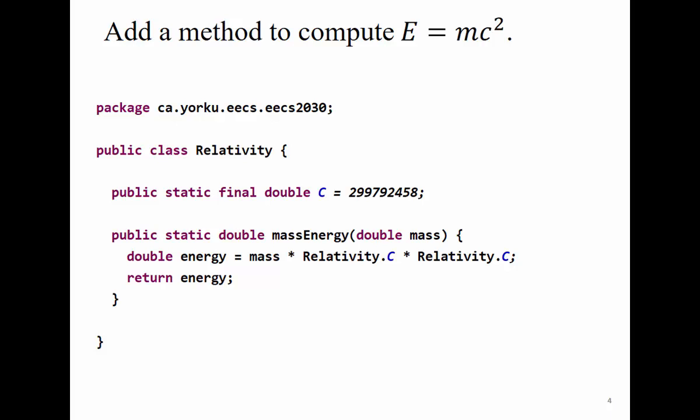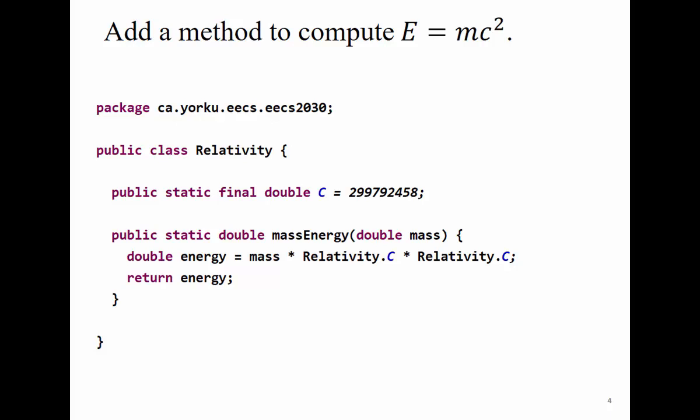Then we have only one method inside our Relativity class, and this method is massEnergy. It receives one argument, a double as the mass, then does the calculation, which is simply mass times the speed of light squared. You can see we access the speed of light using Relativity.c, which is the name of the class, and c is the name of the static variable.